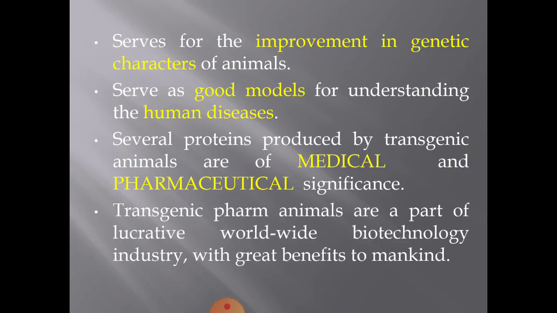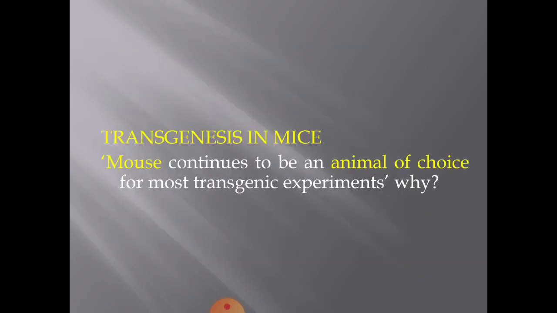Then transgenic farm animals, not FARM, please note, PHARM animals. Transgenic pharm animals today happen to be a part of a lucrative worldwide biotechnology industry with great benefits to mankind. Okay.